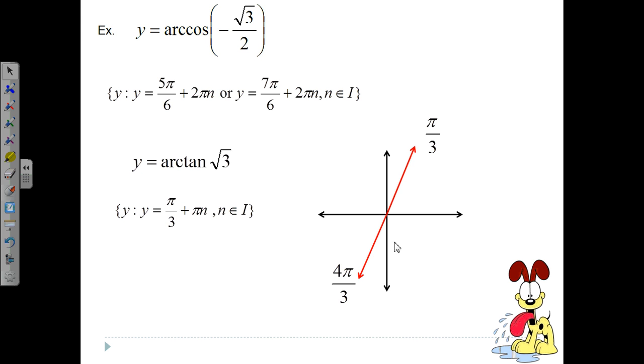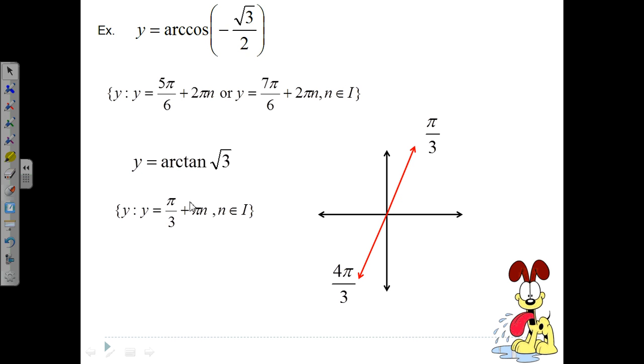If I add 2 pi, I get back up here. Add 3 pi, I'm down here. Add 4 pi, I'm back up there. So this is a nice, simpler way of writing your answer, and you can do that whenever you're doing the arc tangent or arc cotangent, because those answers should be directly opposite each other. They're either both positive or they're both negative.